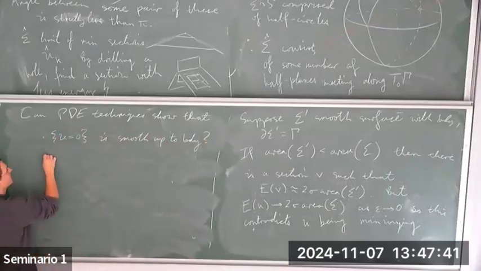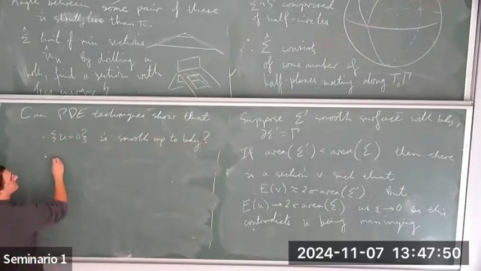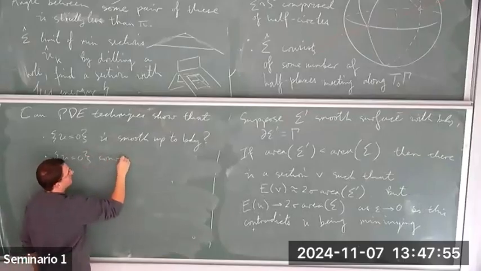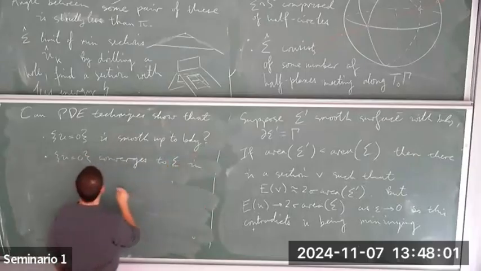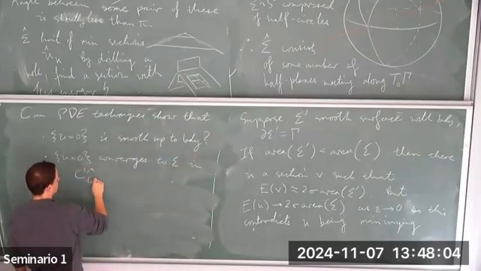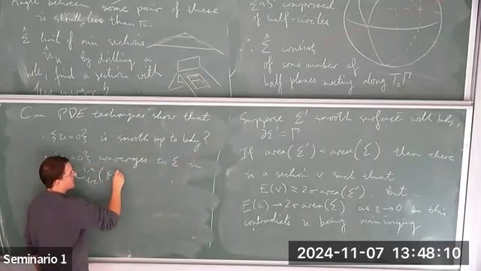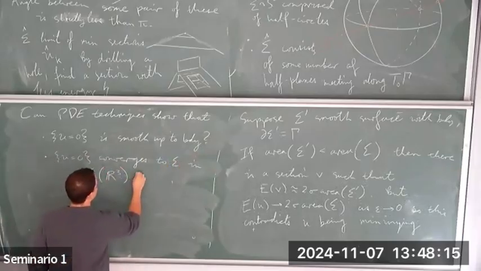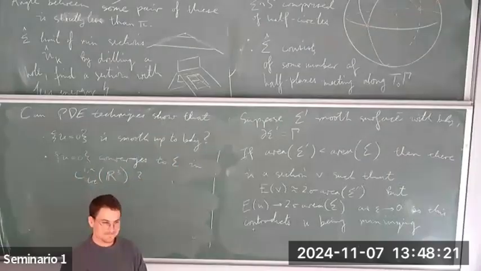And if that's true, then likely one can prove some kind of curvature estimates which show that you also have smooth convergence up to the boundary. Prove C2 alpha convergence not in the complement of gamma, but in R3. That's it. Thank you very much.